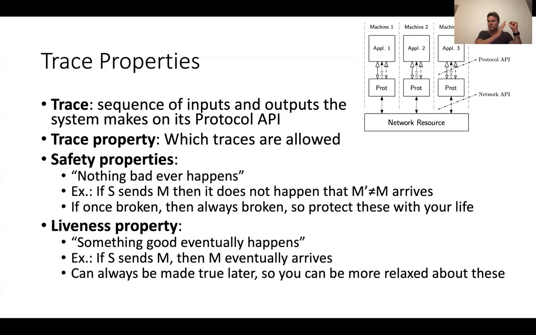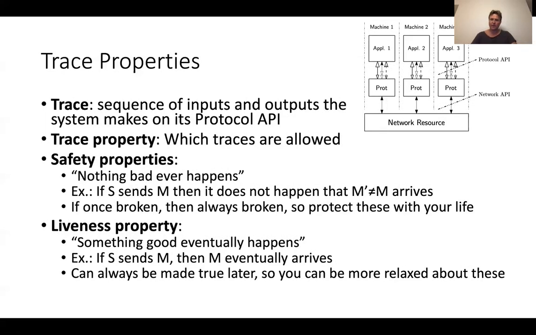And it could stay false for a long time, but at the point in time where the message gets delivered at the receiver side, the liveness property is now true. The message was delivered, and it will remain true forever. It will forever be the case that this message was delivered. So that's an example of a liveness property.